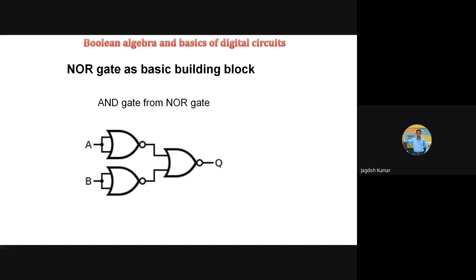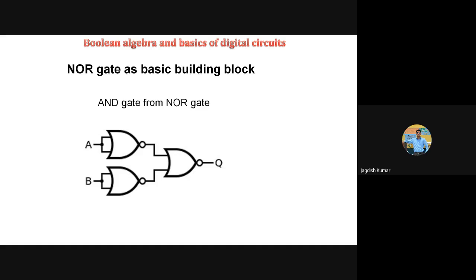That is why NAND and NOR gates are also called universal gates. Why universal gate? Because by taking any one of them, you can create any basic digital or logical expression, or any Boolean expression can be realized by just employing NAND or NOR gates.